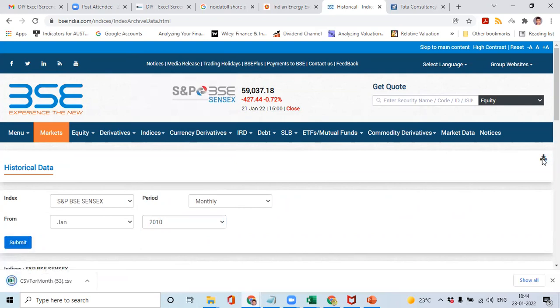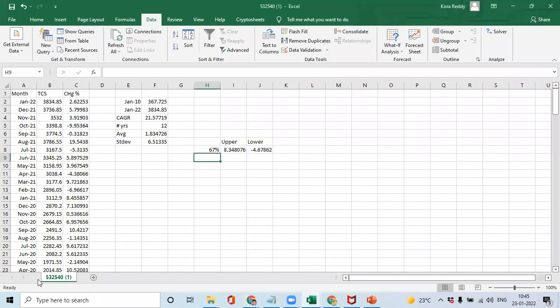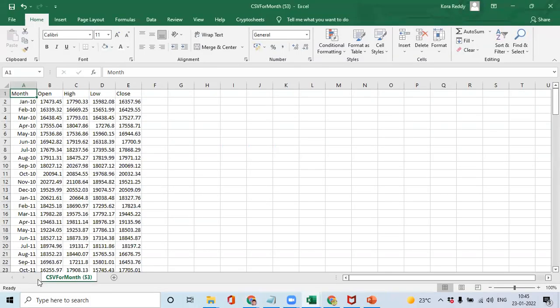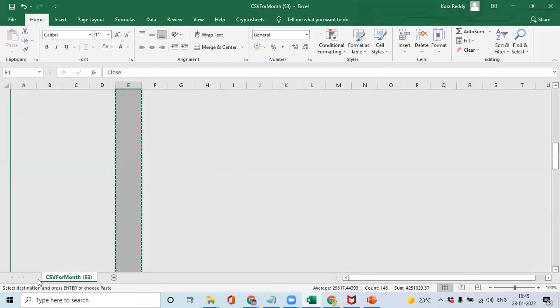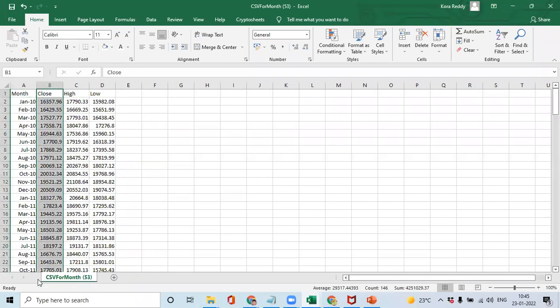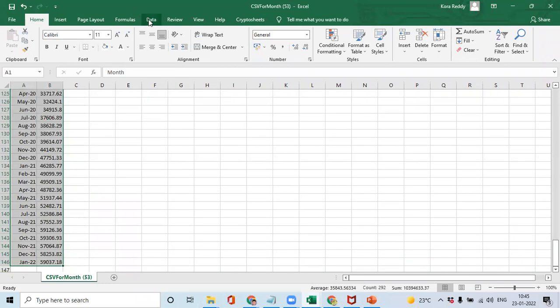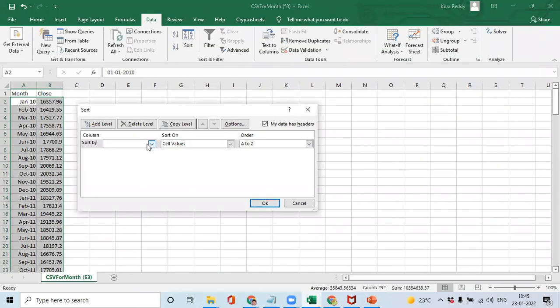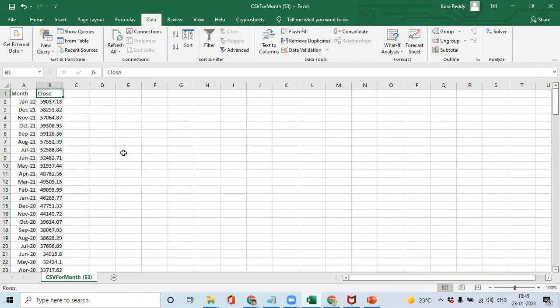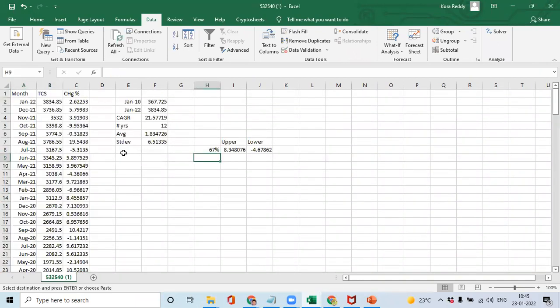Even though I don't like BSE indices, because it has this cute one-step download facility, that's why I'm using this. Like for TCS, I'm not interested in all the open, high, low, close. I reverse. So this is my Sensex.